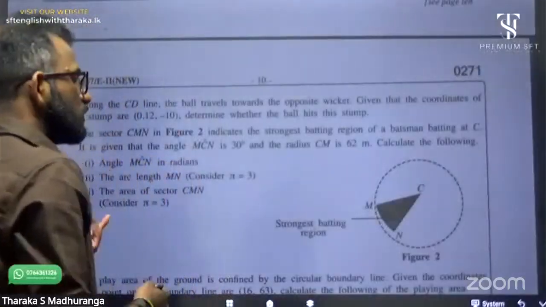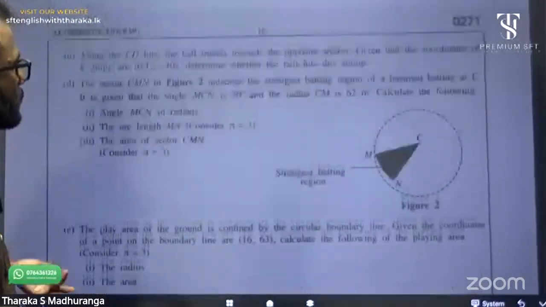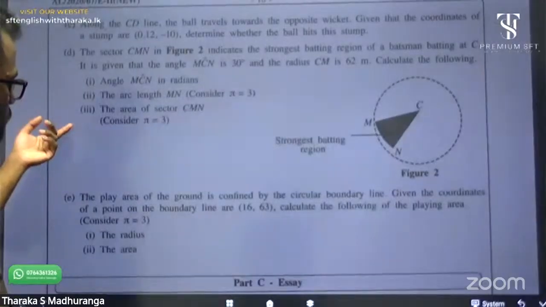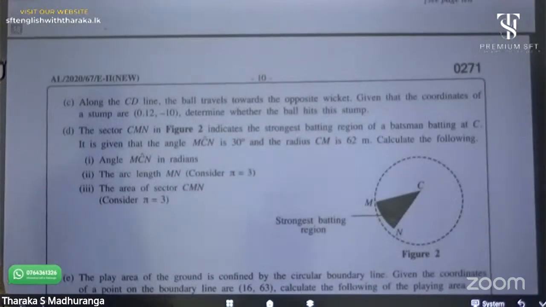Okay, part D. The sector CMN. Now it is from area volume.